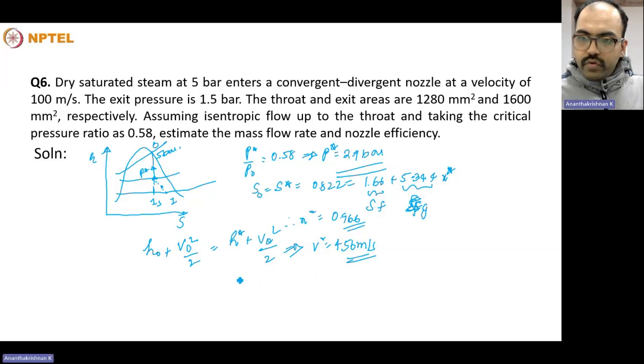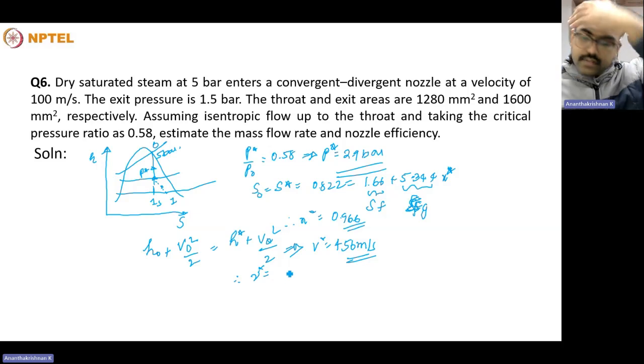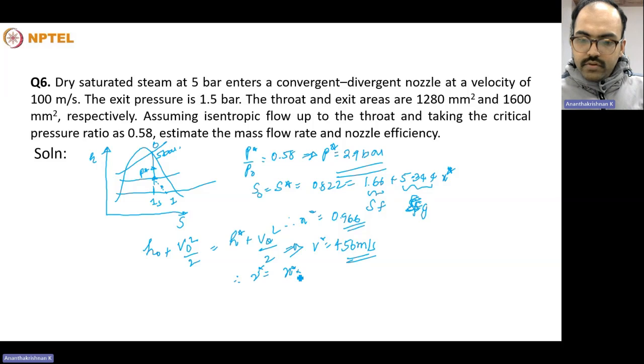So therefore, the specific volume nu star could be written as, ignoring the saturated liquid's specific volume, equal to x star into nu fg.